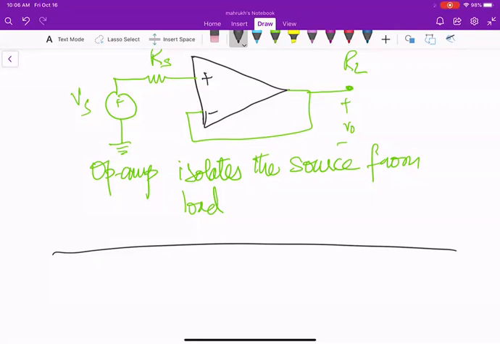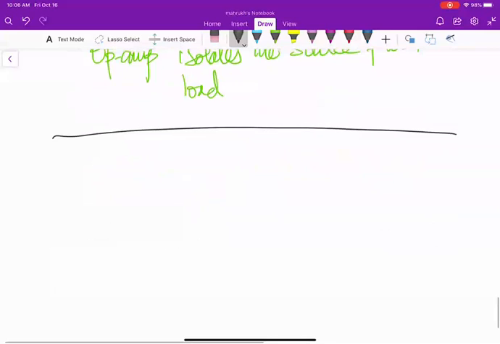Okay, so now we are talking about another configuration. Last time we talked about inverting op amps. In this lecture, we will be talking about non-inverting op amps.